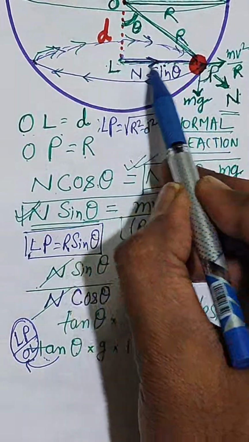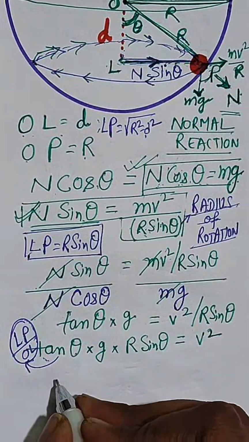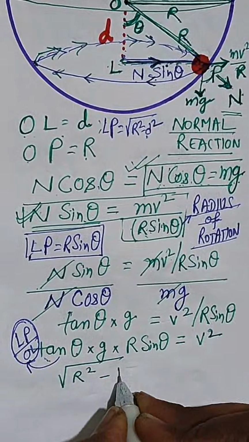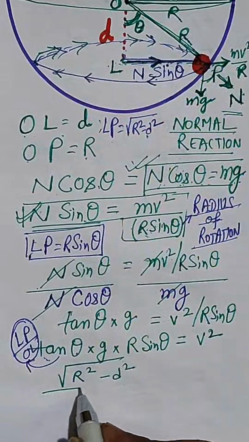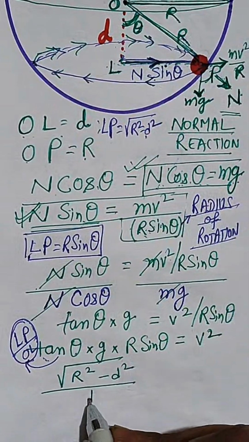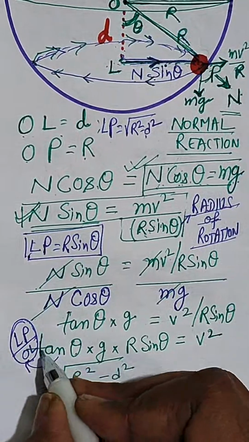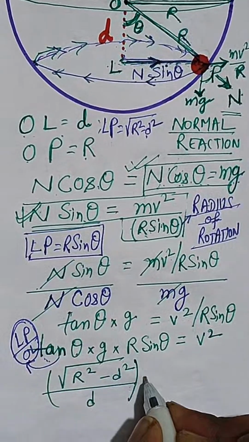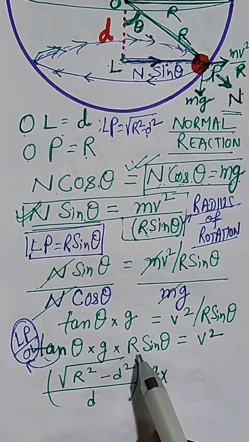LP is root over R square minus D square, so just write root over R square minus D square, divided by the base OL, and OL is D, right? This is the value of tan theta. Tan theta is this one multiplied with g multiplied with this sin theta.